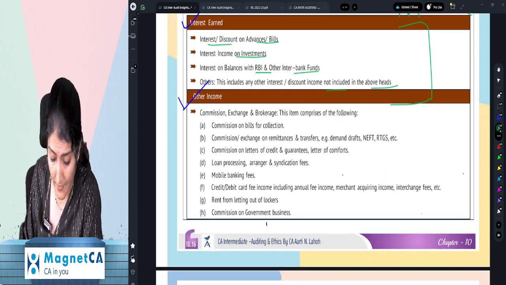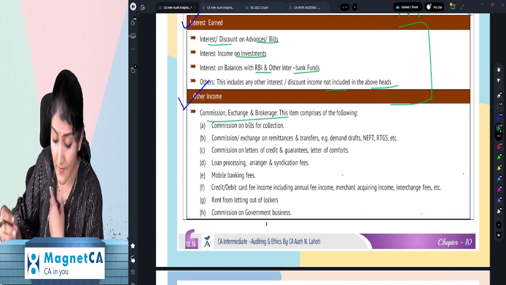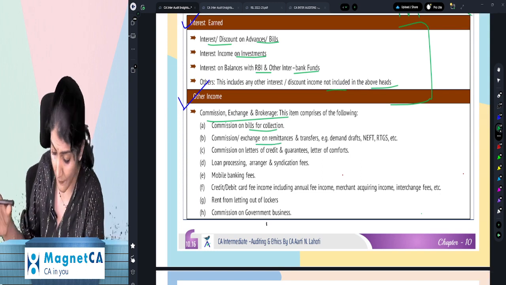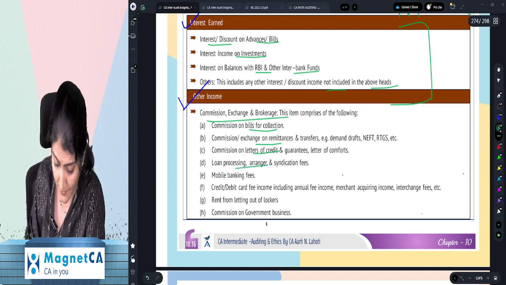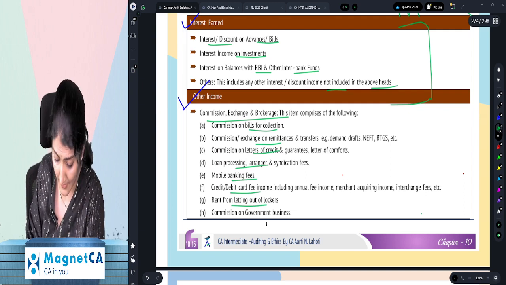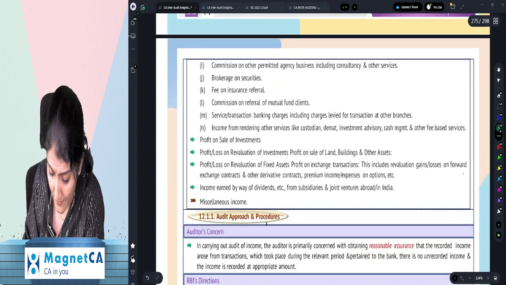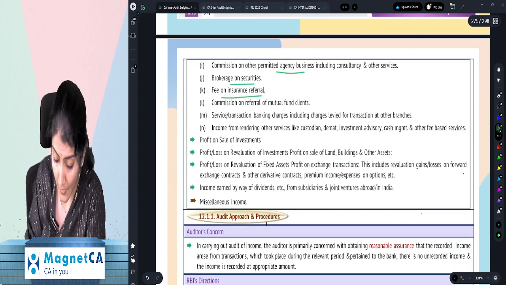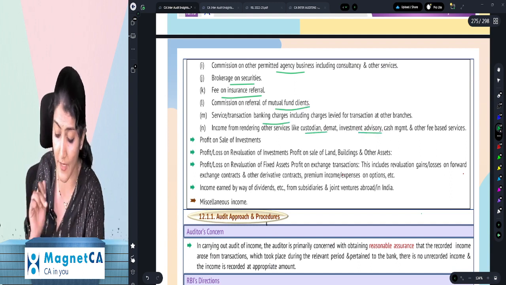What comes in the other income of the bank? Commission, exchange, brokerage: commission on bills for collection, commission and exchange on remittances, transfers, demand drafts, NEFT, commission on letters of credit, loan processing charges, mobile banking fee, credit and debit card fee, rent from letting out of lockers, commission on government business, commission on other permitted agency business, brokerage on securities, fee on insurance referral, mutual fund clients, banking charges like custodian, demat, investment advisory.